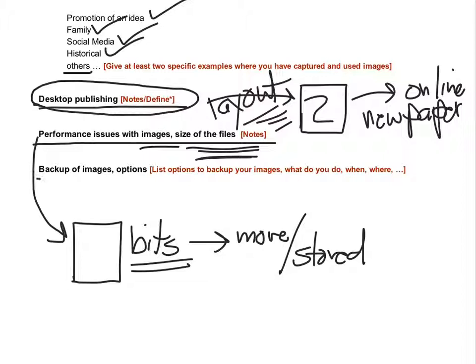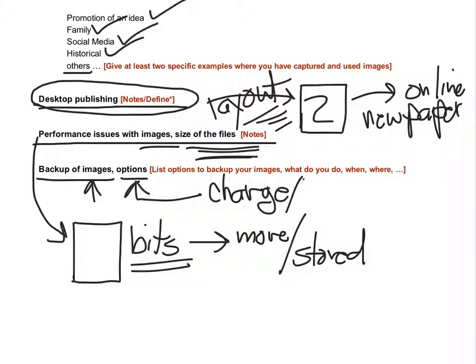If you're taking lots of pictures on, let's just say your camera, you need to make sure you look at the options of backing them up. Let's say your phone. Phone's a great example. For example, phones will allow you, when you plug them in to charge, and also they'll check to make sure you're on Wi-Fi, so you're not using your data plan, they'll upload the files to a service in the cloud.